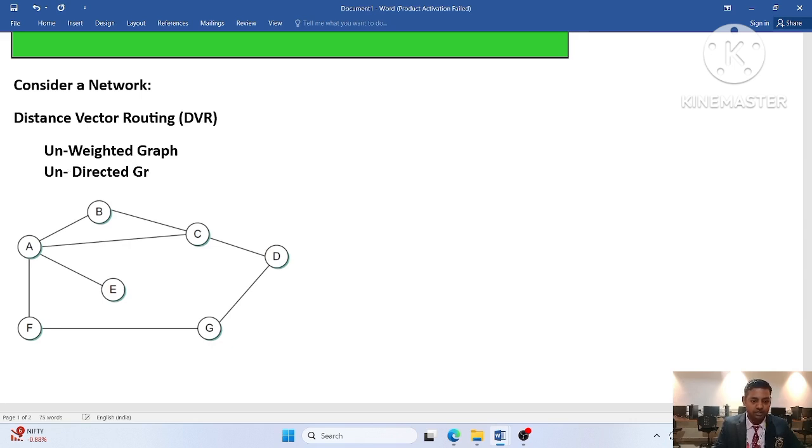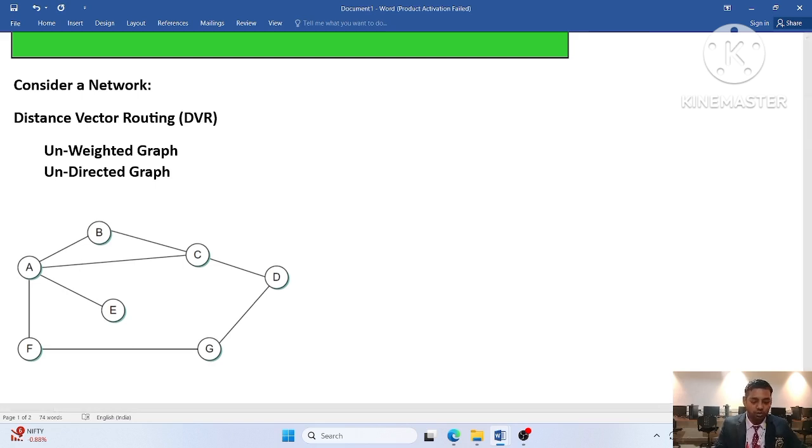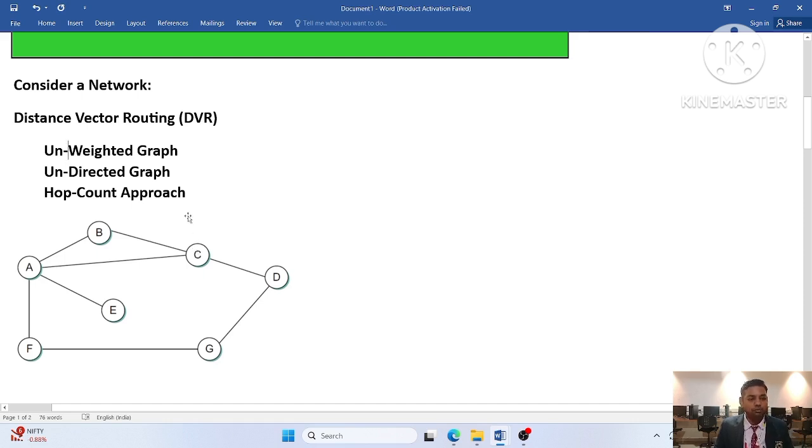So the graph must be unweighted and undirected. Then the approach it is going to use is the hop count approach. These are the things we have to ensure before applying the DVR algorithm.